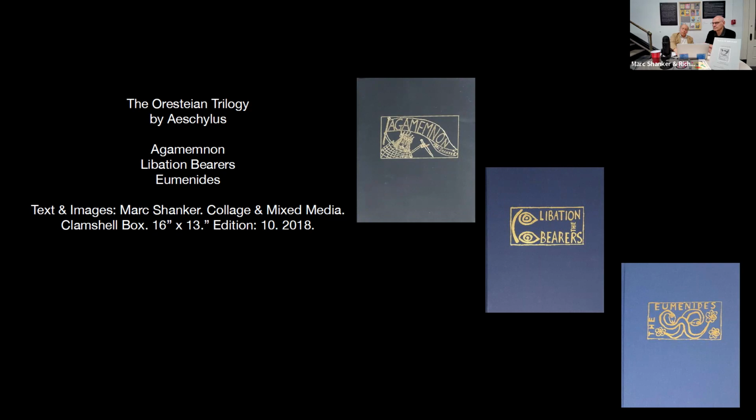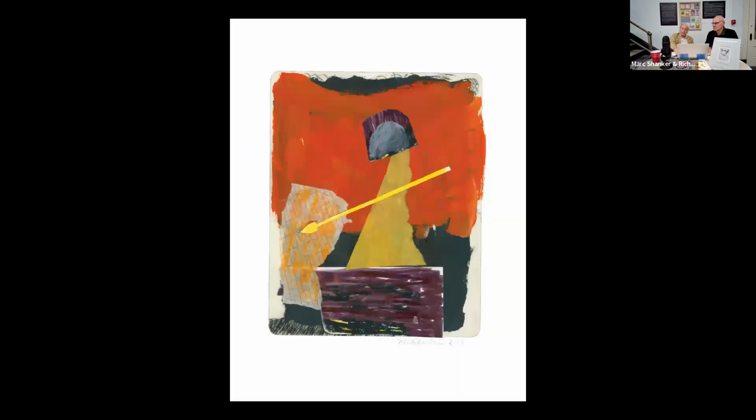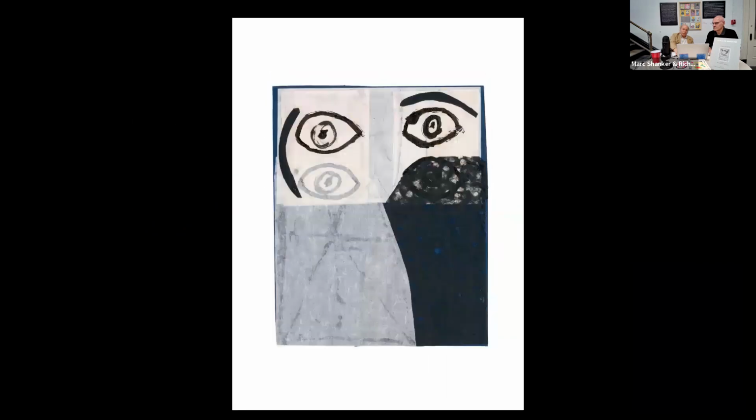So it goes from gray, dark to light, which is the book itself starts out with murders and continues with murders, but at the end has a very positive ending. And so we try to reflect that in the colors of the bindings. Together, they weigh about 25 pounds, the 3 books.